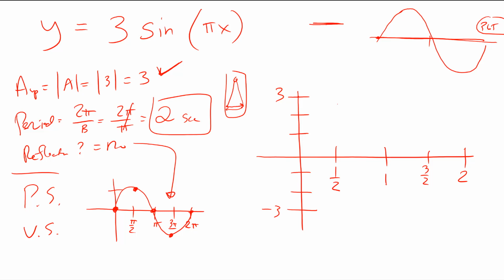Here we go. So 0, 0 still stays 0, 0. Goes up to the top. In this case, it's 3. Goes back down to 0 midway through. Goes down to my lowest point right over here, and then back up to the 0 marker when we hit 2. And this is one cycle of a sine function.